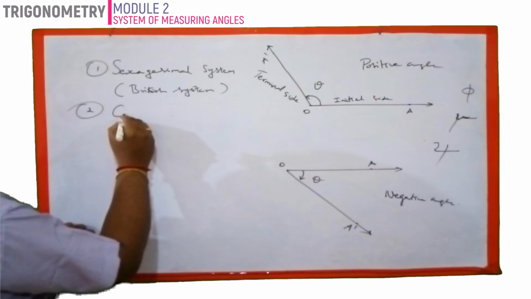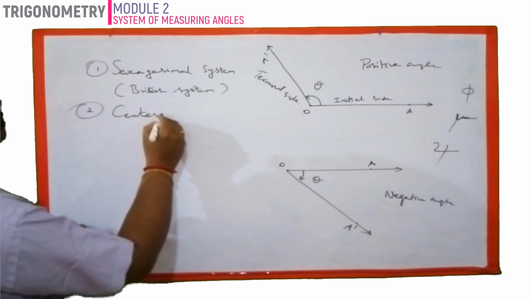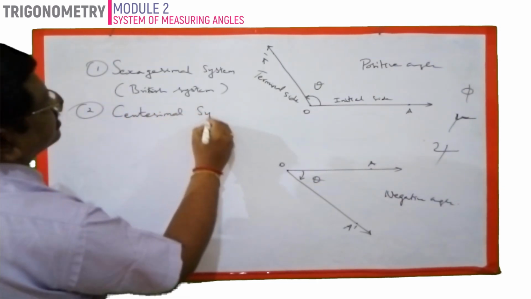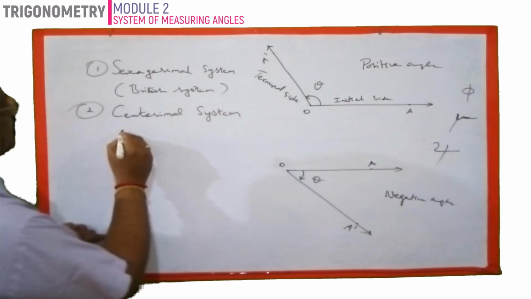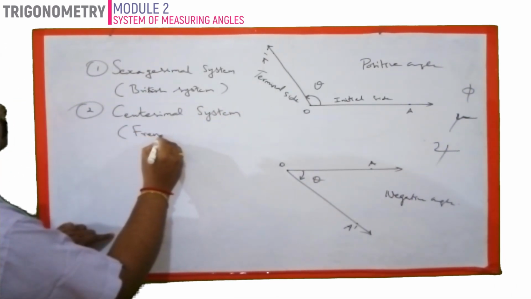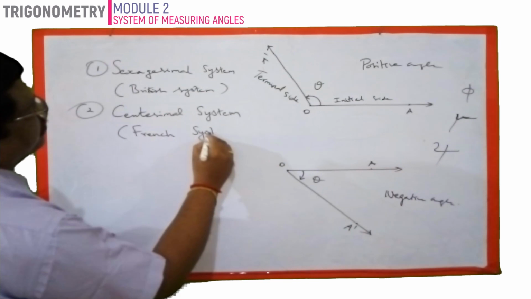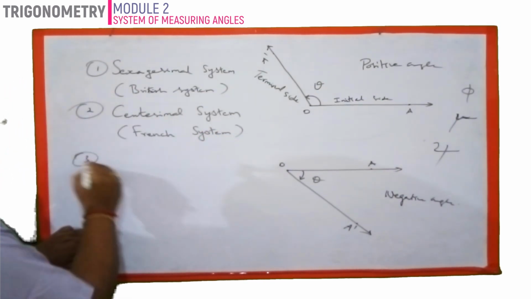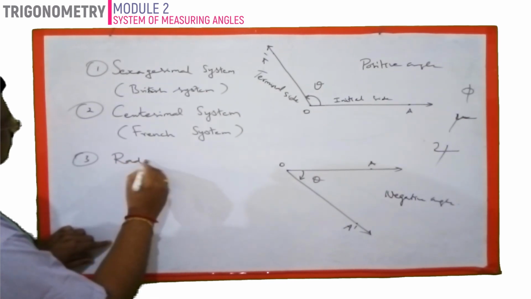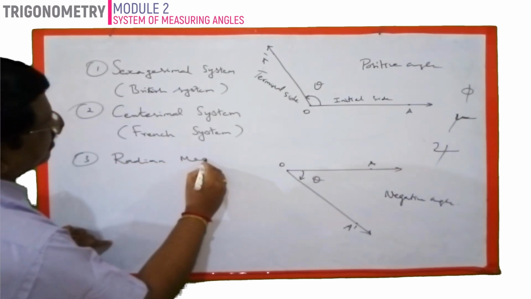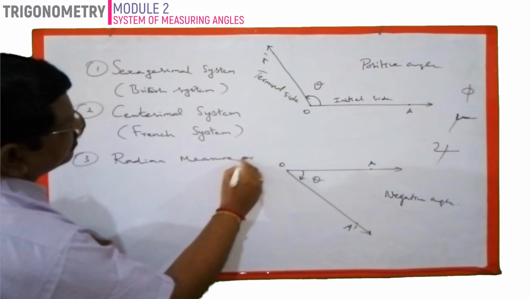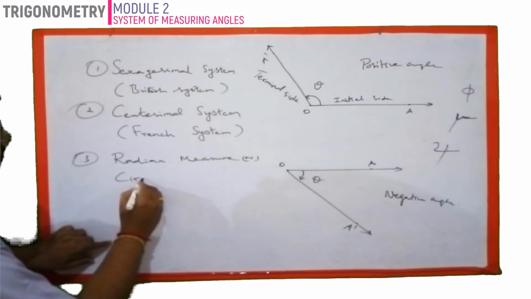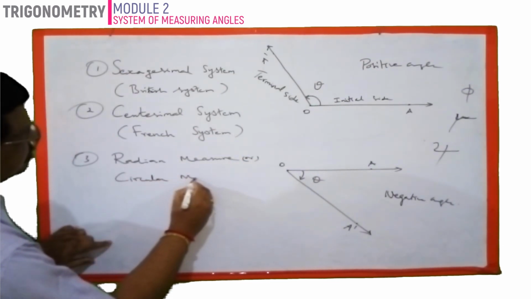The second one is the centesimal system, or its other name is French system, the French system of measuring angles. And the third one is radian measure, or it is called circular measure.